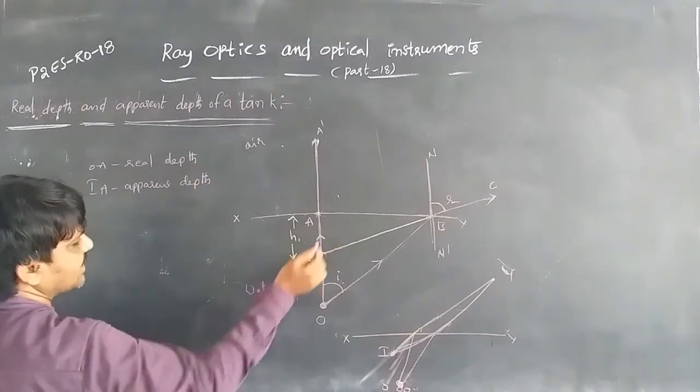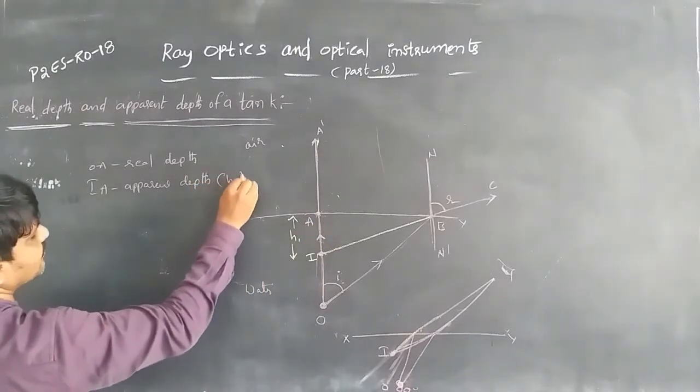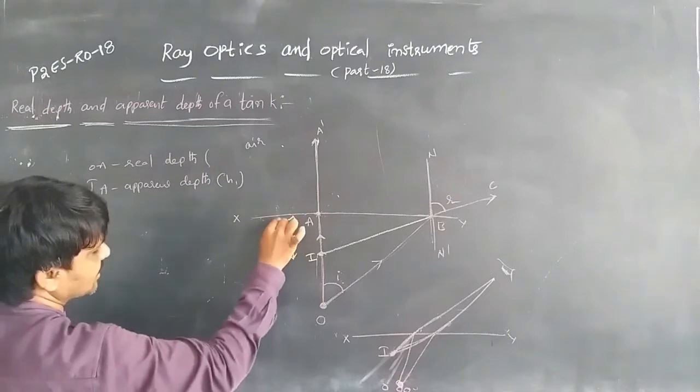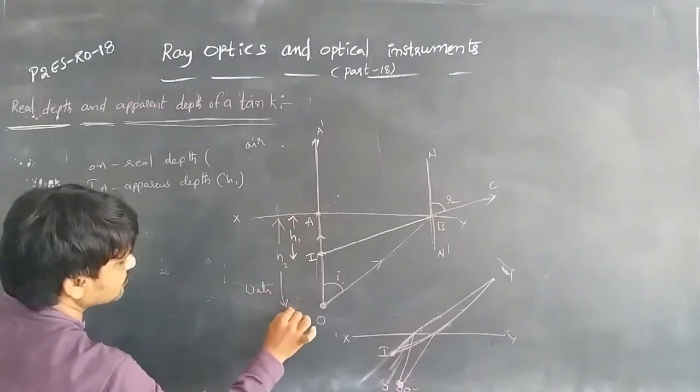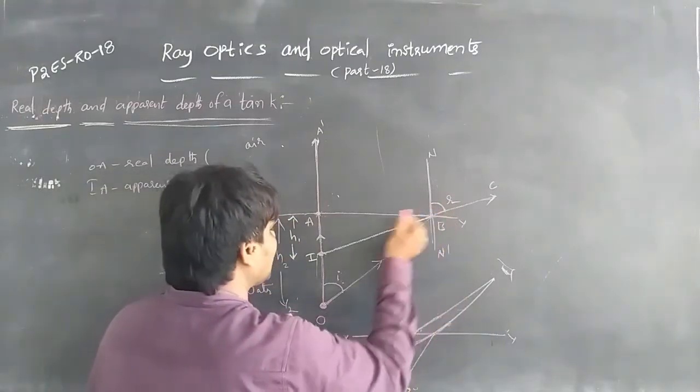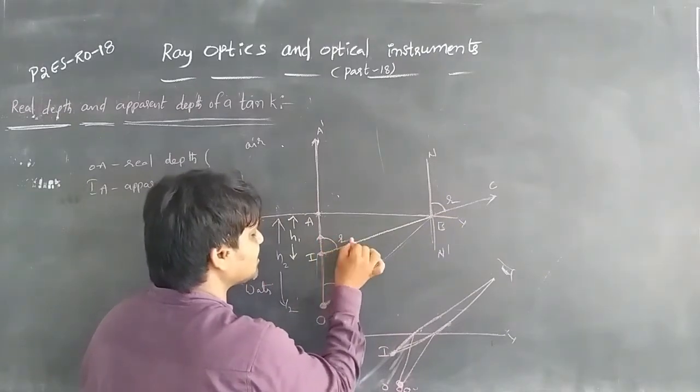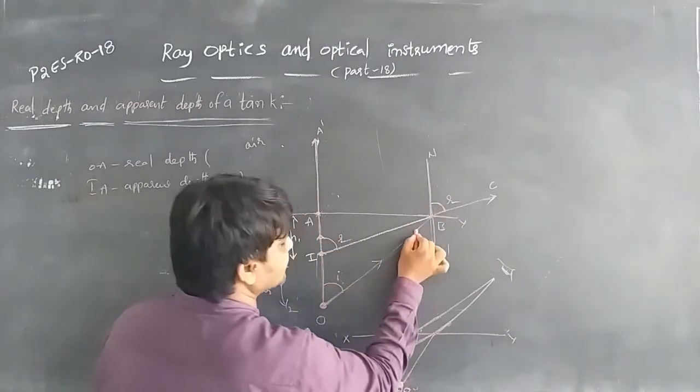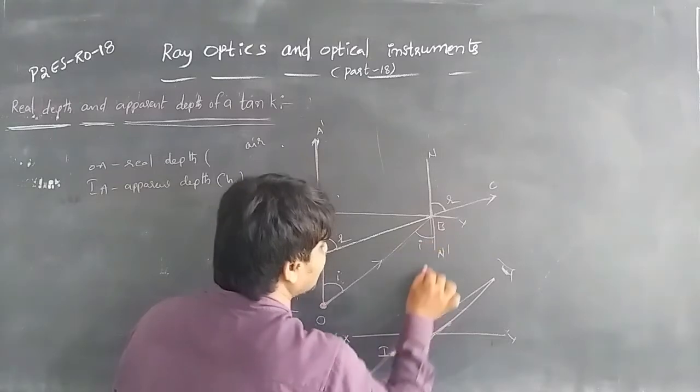Here IA is the apparent depth, that is H1, and the real depth is H2. This angle is r, and here also r. This is the angle of incidence i, and this is also the angle of incidence i.